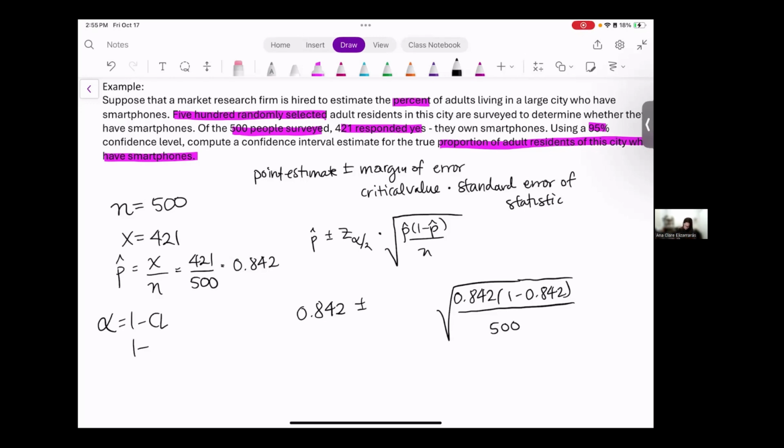And that is 1 minus 95% as a decimal. So alpha in this case is 0.05. So then what is alpha over 2? Well, if you take 0.05 and you divide it by 2, you get 0.025. And that allows us to use technology to calculate the actual critical value that we need.